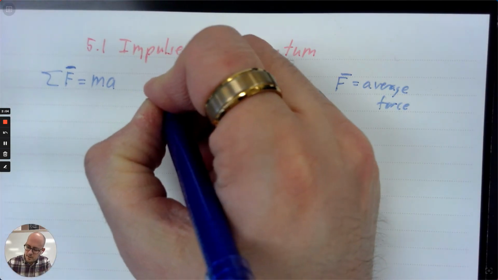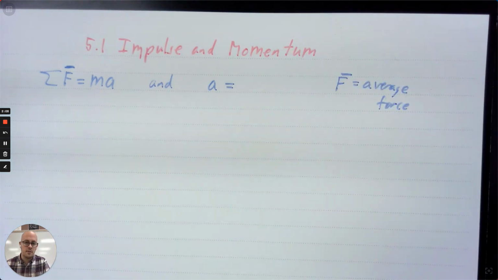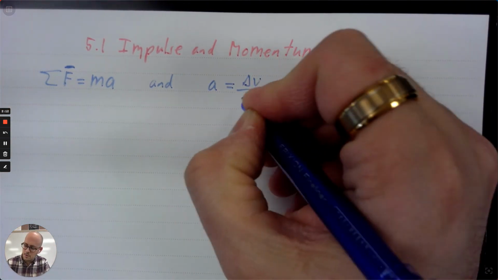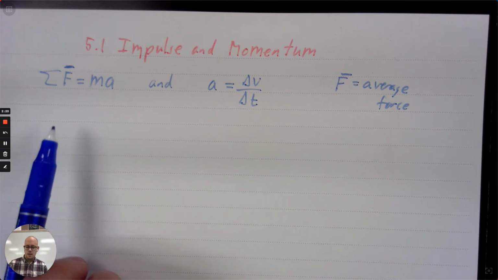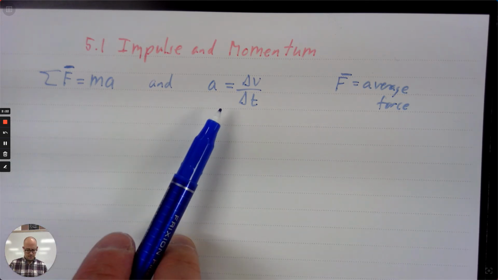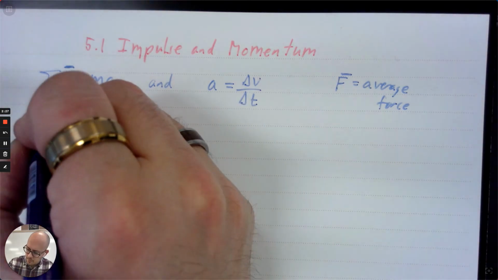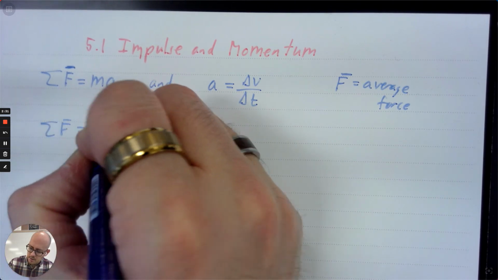The other concept that I wanted to remind you of is acceleration. Acceleration is the rate at which velocity changes, so delta v over delta t. That's the change in velocity divided by the amount of time that it takes the velocity to make that change. All I'm going to do is one little substitution. Because of the definition of acceleration, I can rewrite Newton's second law as this.